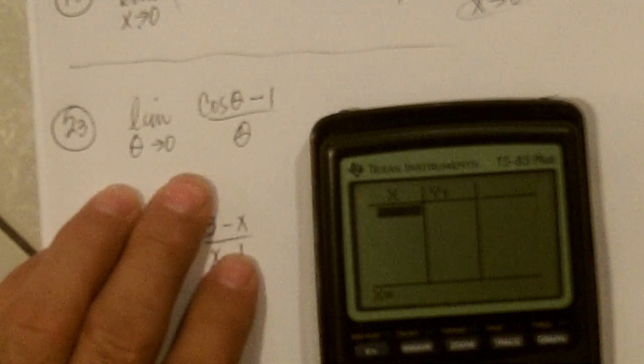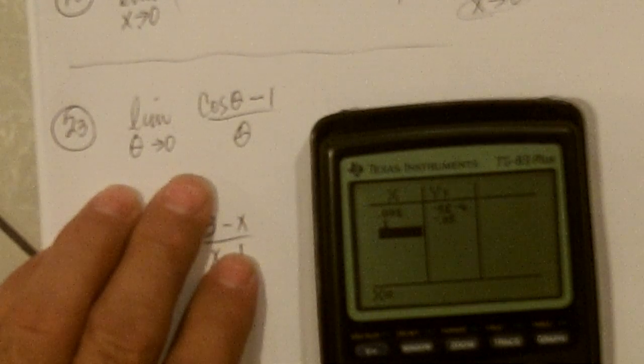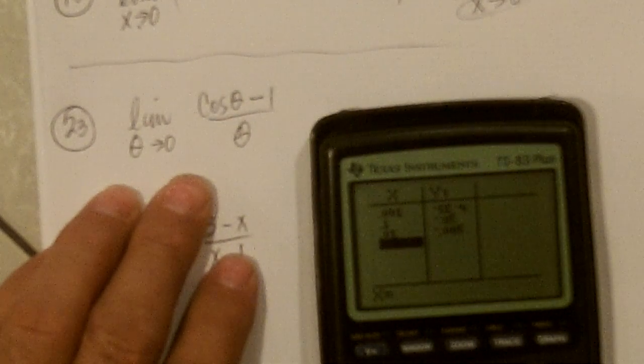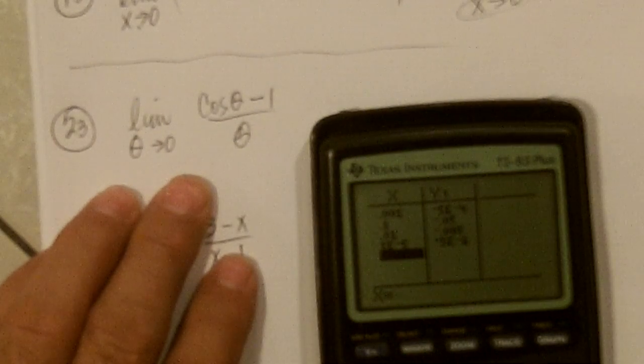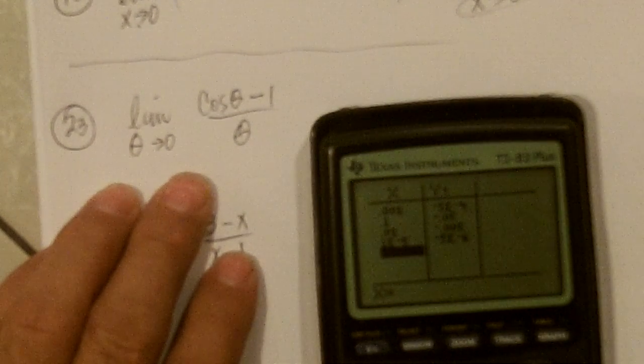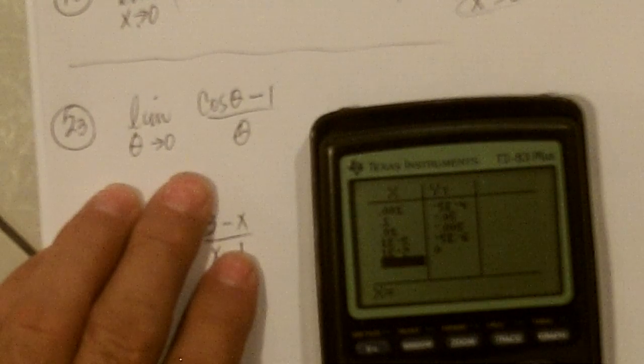So 0.1 is pretty small, negative 0.05. 0.01 is negative 0.005, and 0.00001 is really small, negative 0.000005. I keep going further, even smaller, closer to 0.0000001. It rounds it off to 0.